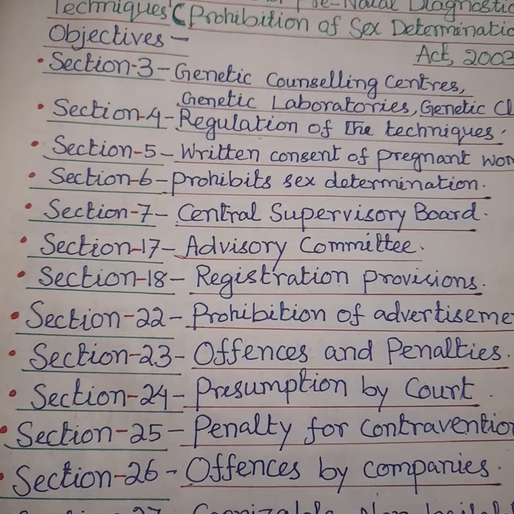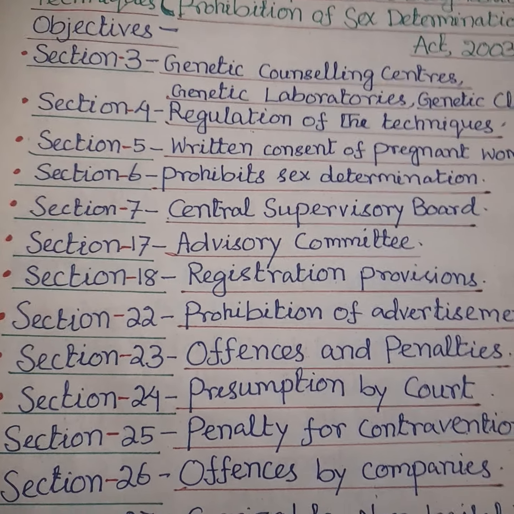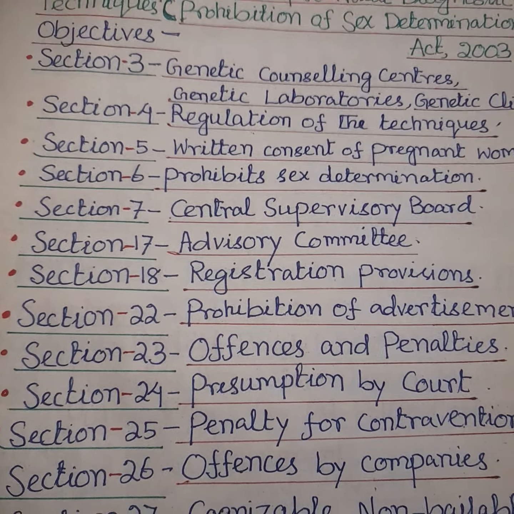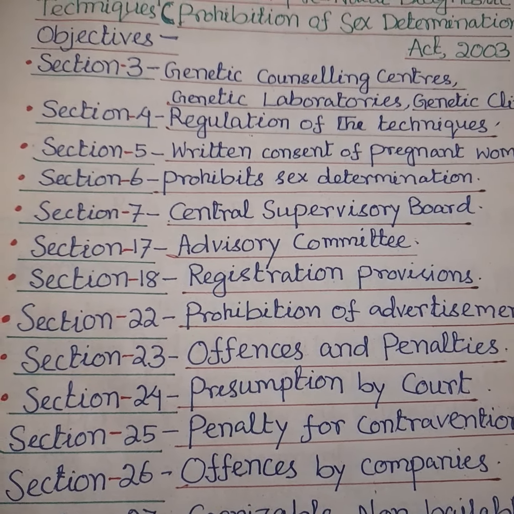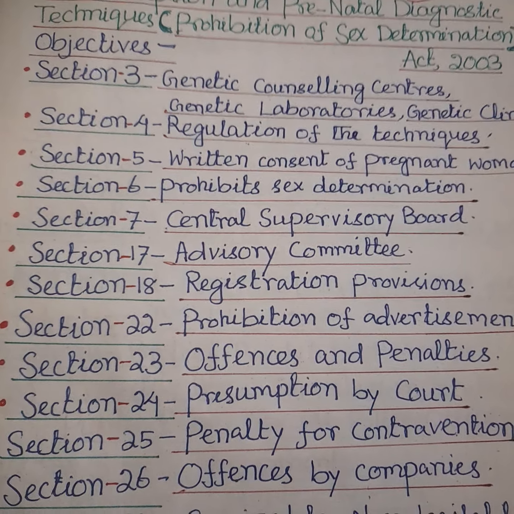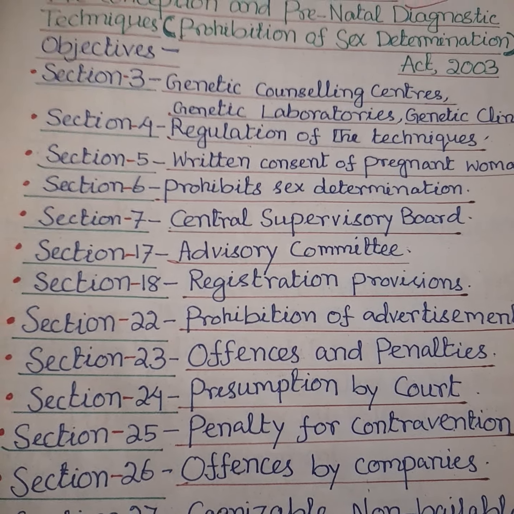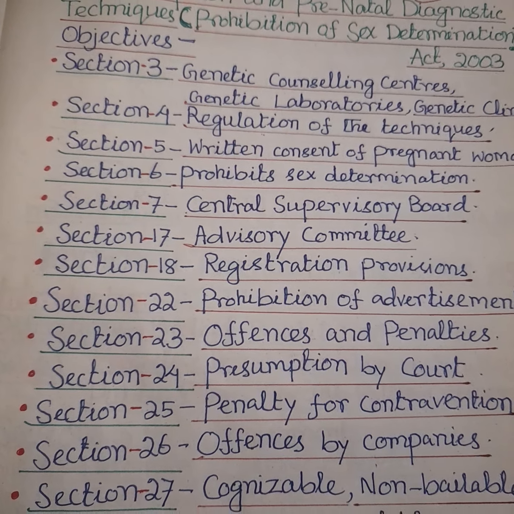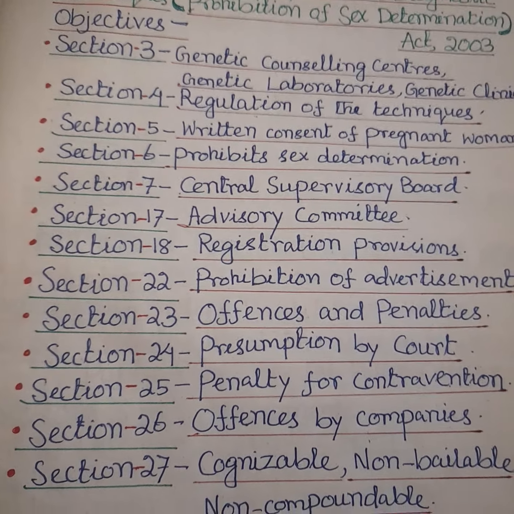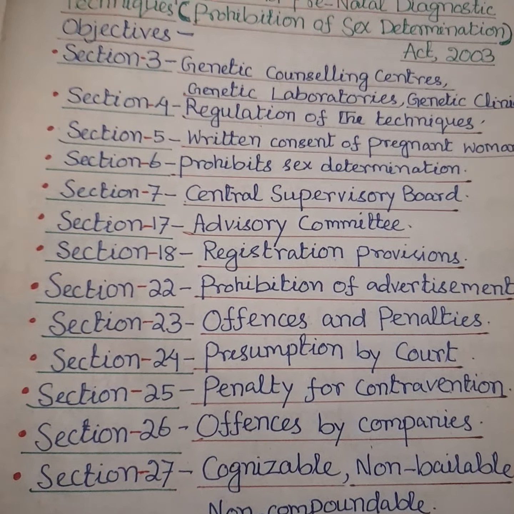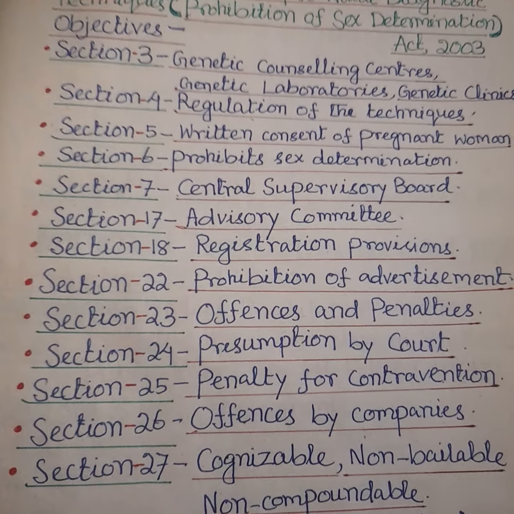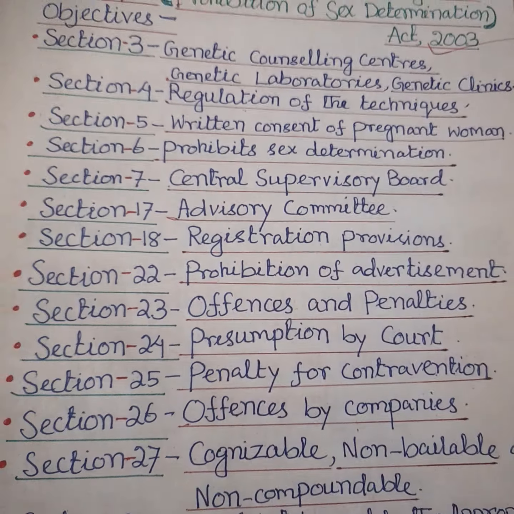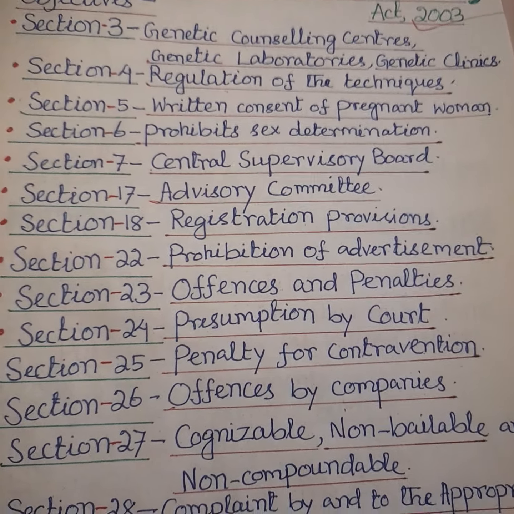In consequence to these aims and objectives, the Prenatal Diagnostic Techniques, Regulation and Prevention of Misuse Act, 1994 was subsequently amended in 2003 and renamed as the Preconception and Prenatal Diagnostic Techniques (Prohibition of Sex Determination) Act, 2003.